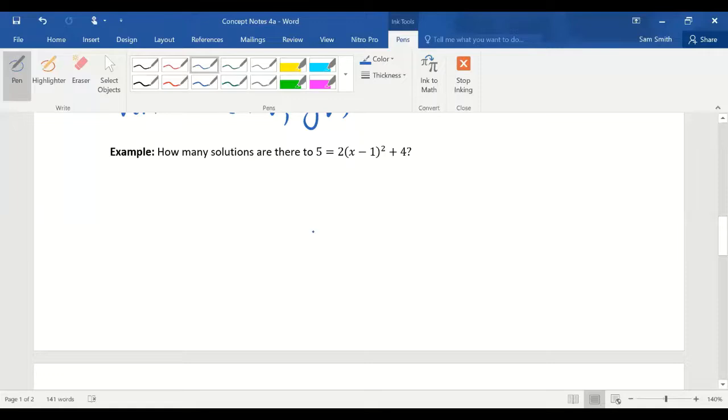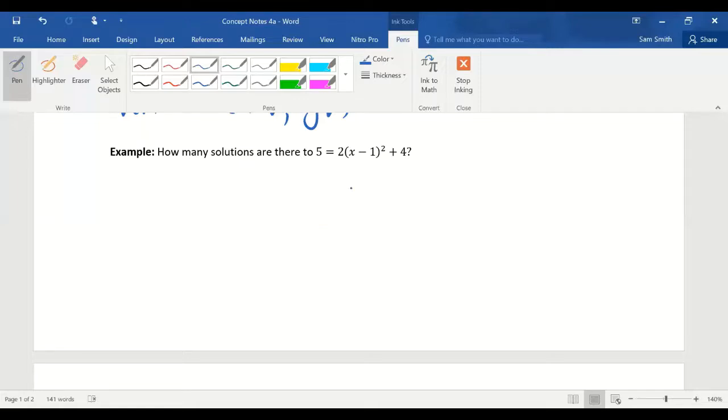How many solutions are there? Notice that we're not actually being asked to solve this equation, or to say what the solutions are. The only thing we're being asked to do is say how many solutions we would expect to get.